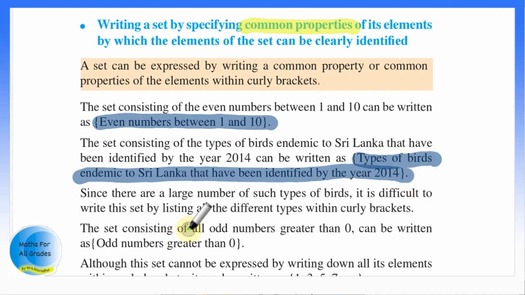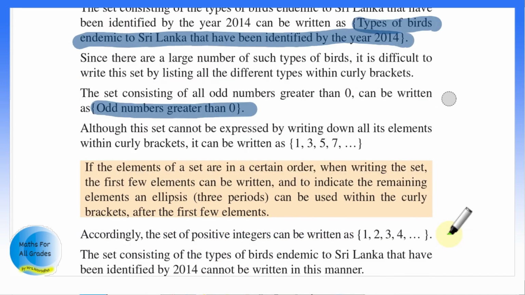And look at this example, the set of all odd numbers greater than 0. You can write it in descriptive method like this, a set of odd numbers greater than 0, or you can list them down as a set of 1, 3, 5, 7 and so on. They have used 3 dots here because we can't list them all down, because it's never ending.